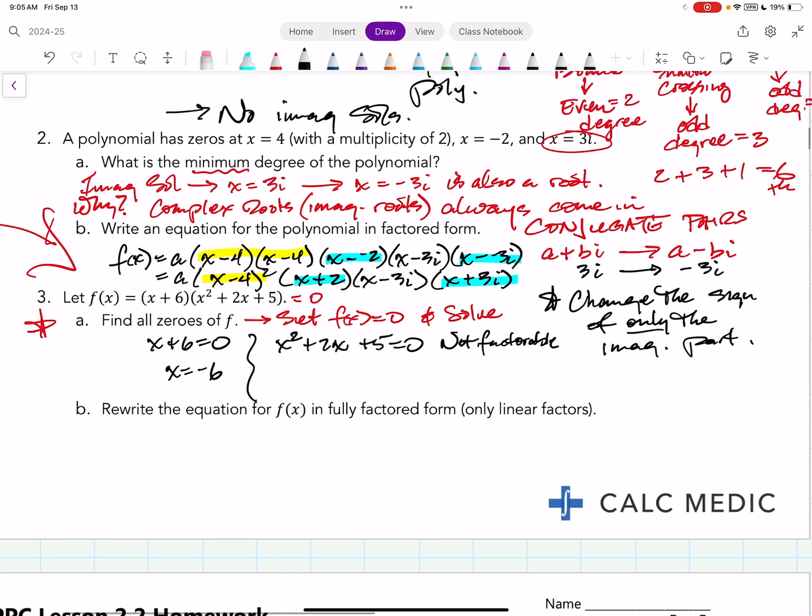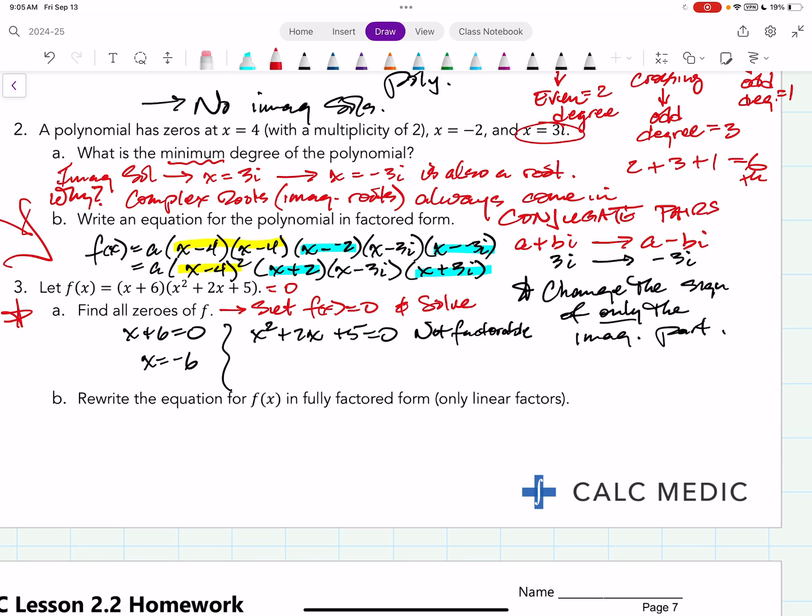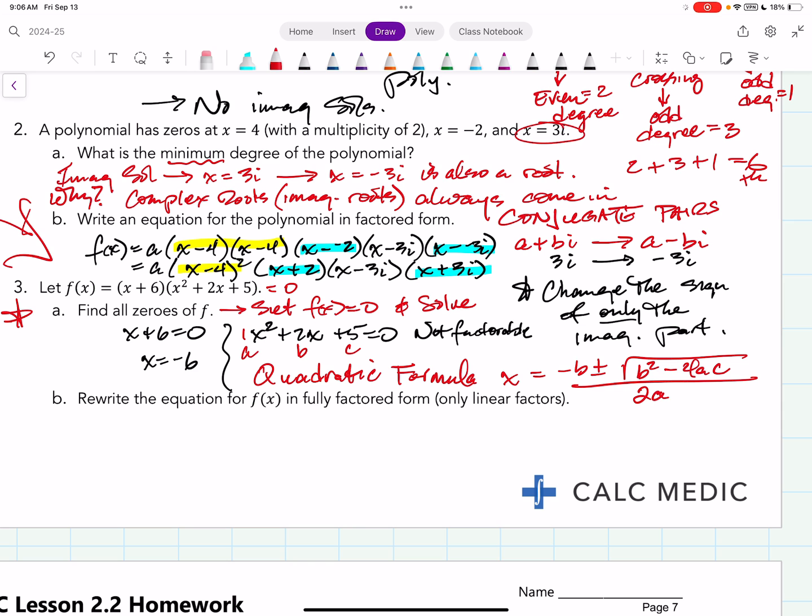Okay, so we're going to have to go off to the side here. So here, the A value is 1, B is 2, C is 5, and we have to use the quadratic formula here from Algebra 1. Quadratic formula. So let's review that. So x is equal to negative b plus or minus the square root of b squared minus 4 times a times c, all divided by 2 times a.